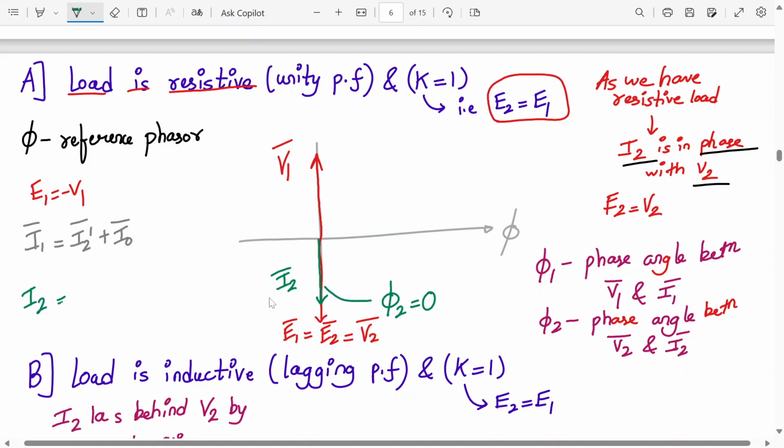See, what is the relation between I2 and I2 dash? Minus. They are both of opposite sign. So where will I draw I2 dash? Positive y-axis. Yes. So this is I2 dash. But what is I1? Vector sum of I0 plus I2 dash. So where will I0 come?